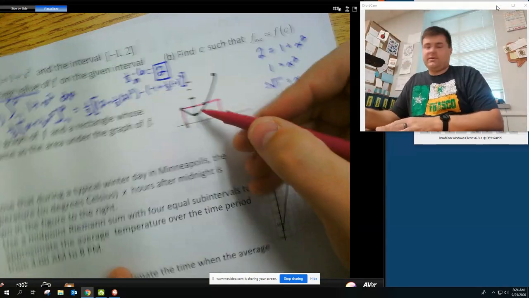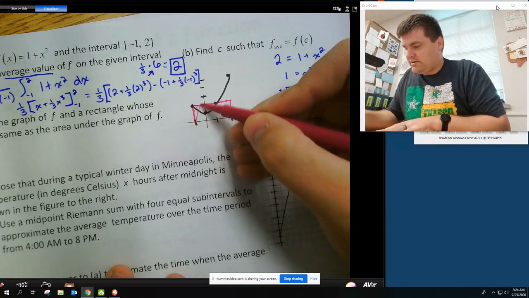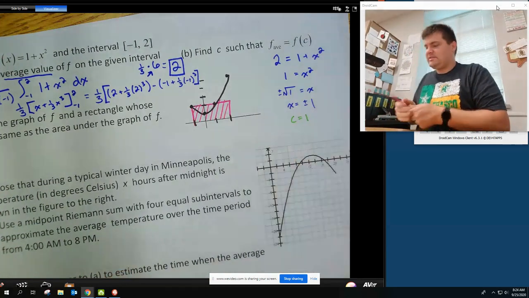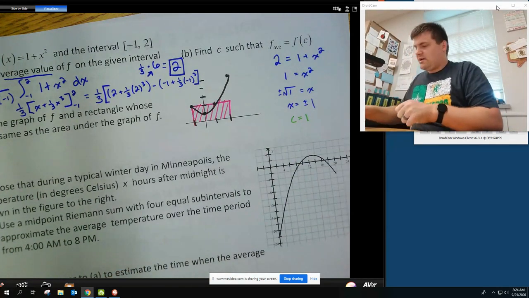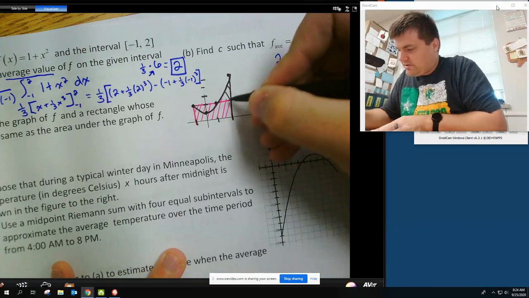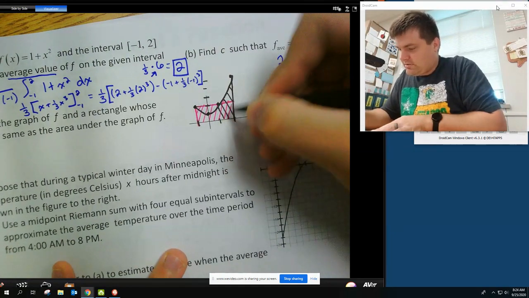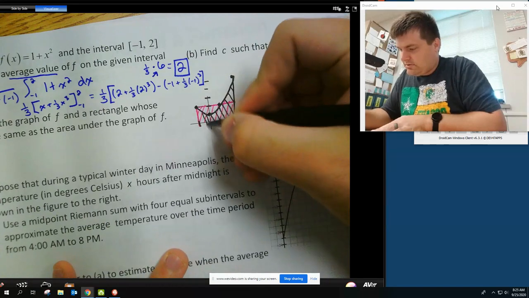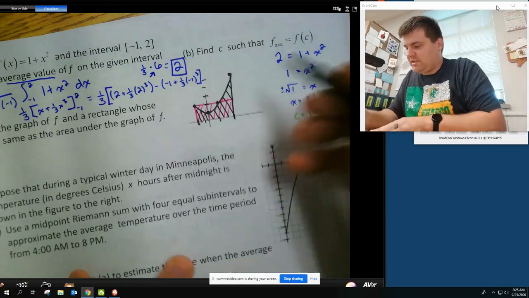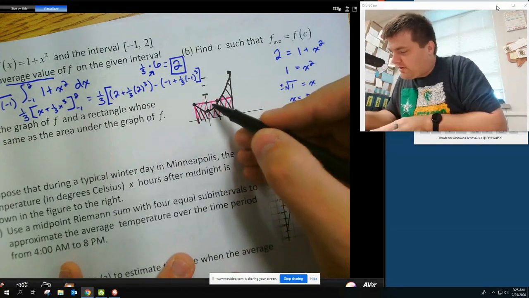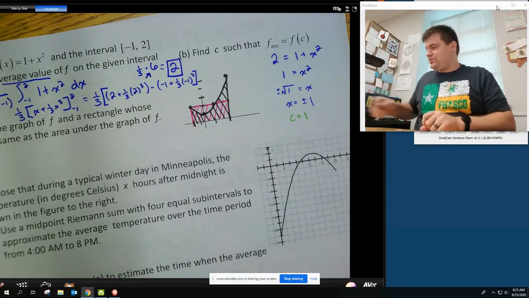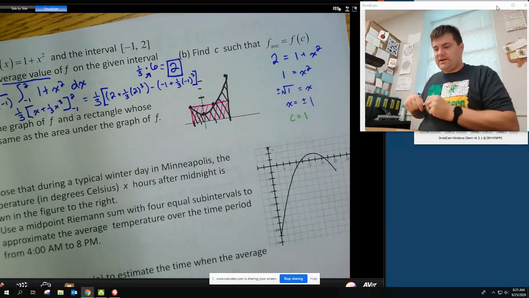This rectangle, that I'm going to just dash with maroon, has the same area as everything underneath this function. And I will dash this with black. So these two areas are completely equal. You see that they overlap, except for this little part right here and that little part right there, so those little parts are equal. All right, so that's a little bit of a visual of what is going on.